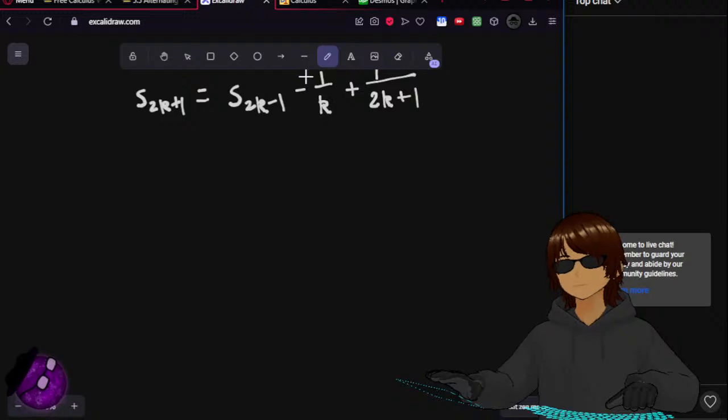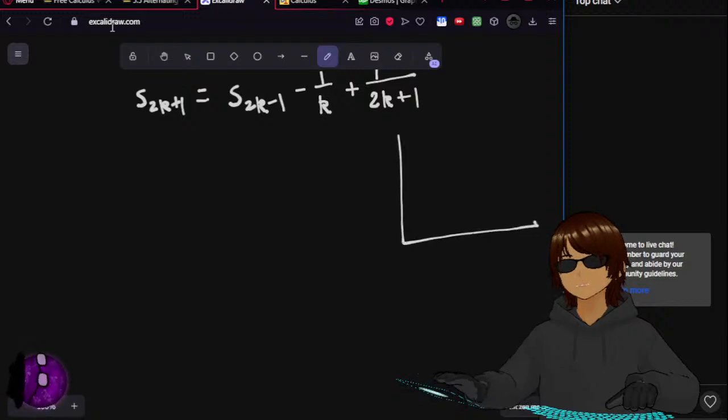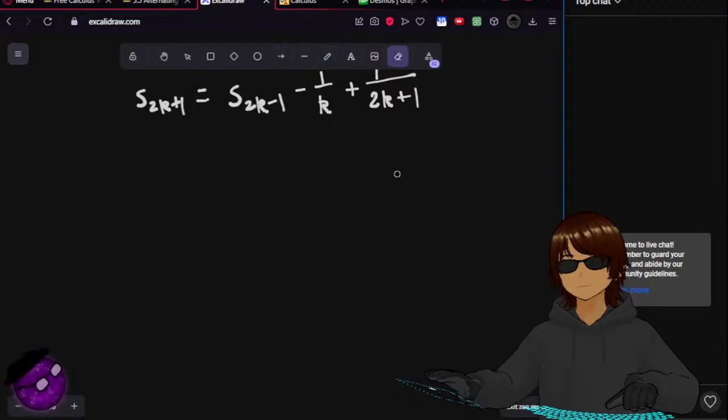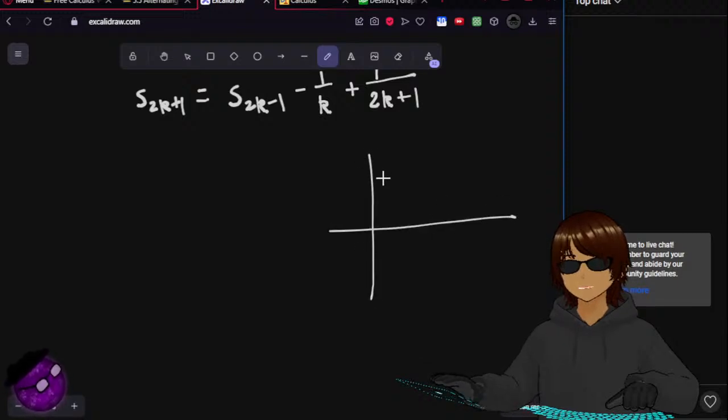Basically, the series converges if the absolute value of the terms gets lesser and lesser. So the series is like this, this, this.